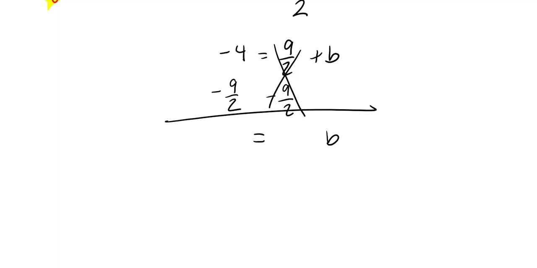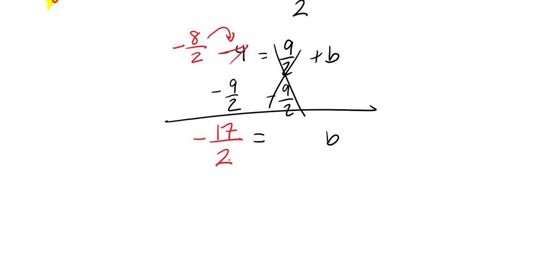What we can do is make this -4 out of 2 by changing it into an improper fraction as -8/2. So -8/2 minus 9/2 is then -17/2. All we wanted to do was get it over the same denominator, so we made an improper fraction.